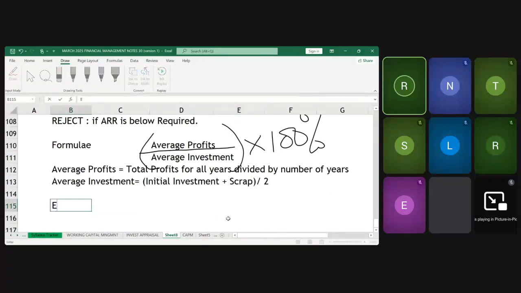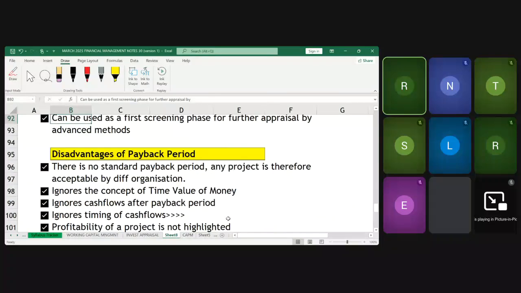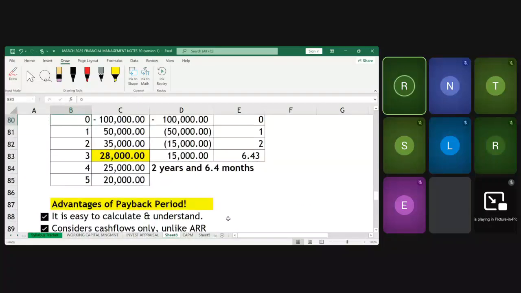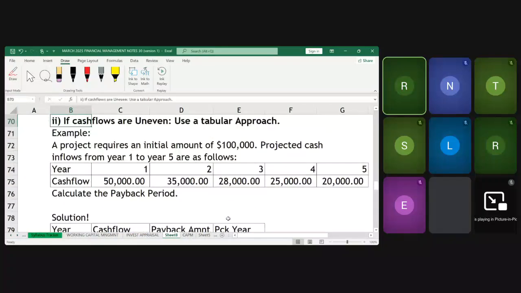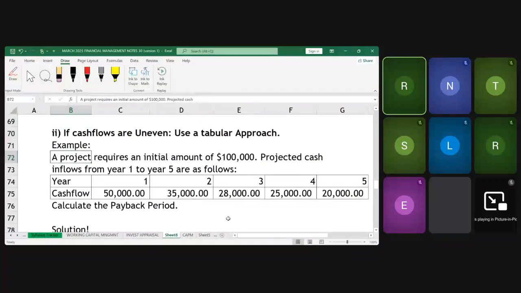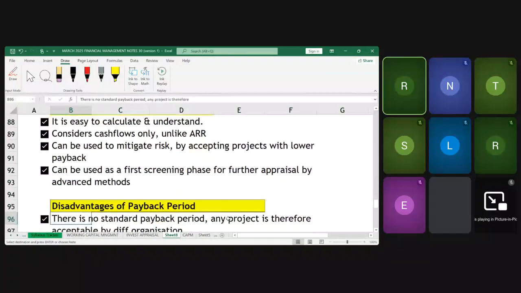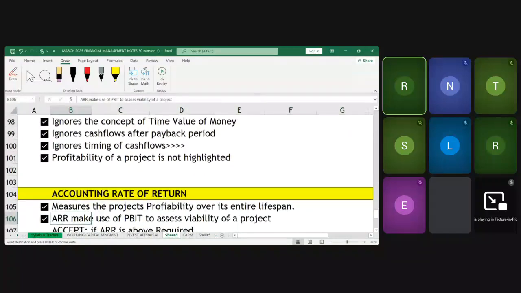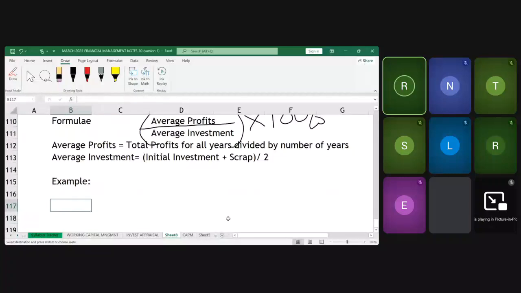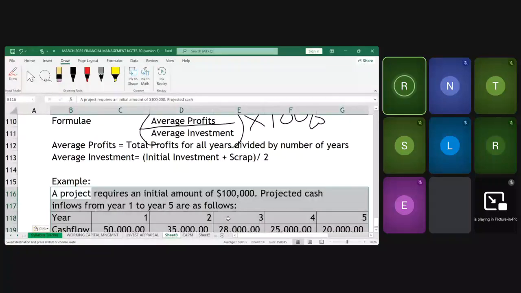Let's look at an example. I'm going to just take the figures that we had on our payback period. We make use of those. The projected cash inflows are this. I'm just going to copy and tweak it a bit in order for it to suit our requirements here.